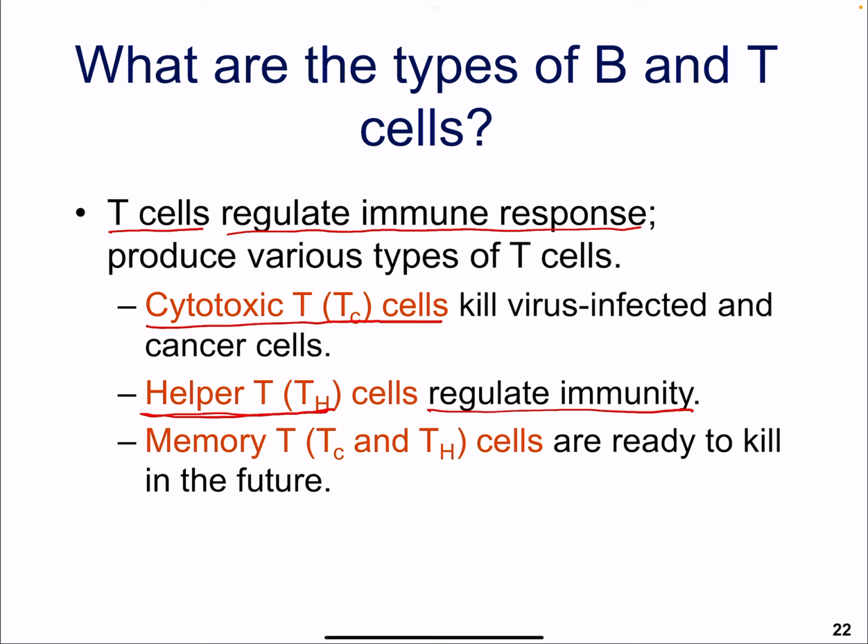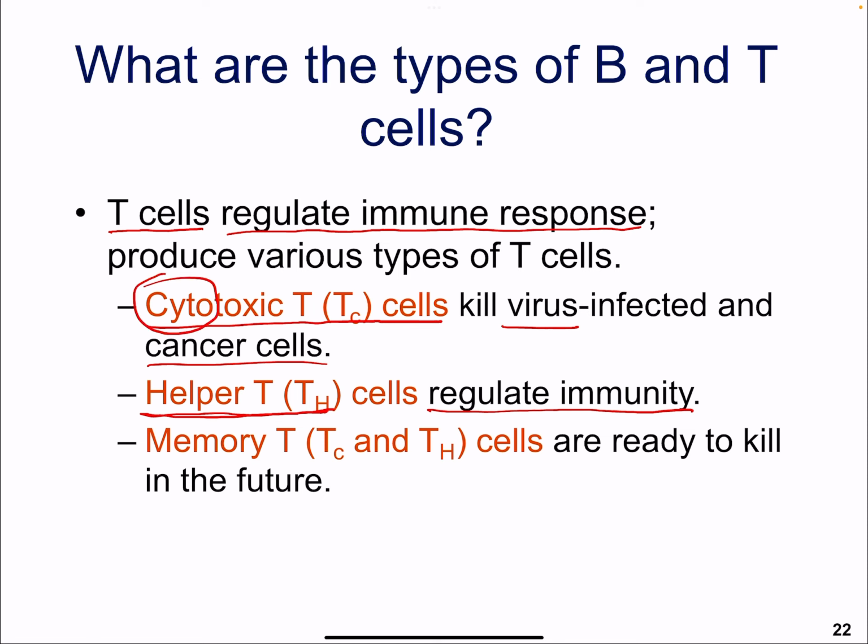The cytotoxic T cells are going to physically attack our cells that have sequestered foreign particles, including viruses, bacteria, and other antigens, and cancer cells, right? So we have cytotoxic T cells.